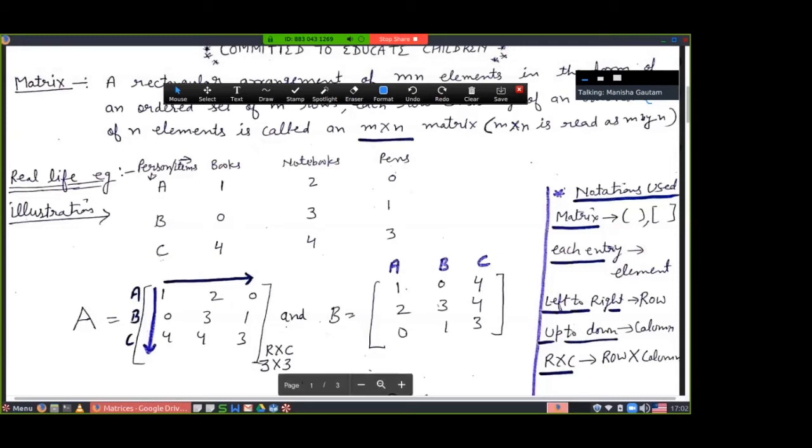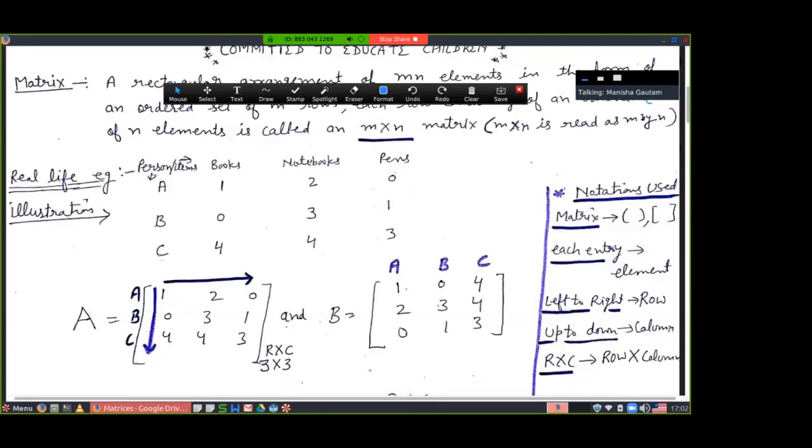It means information of A you can get from the first column: one book, two notebooks, and zero pens. B purchased 0, 3, 1, and C purchased 4, 4, and 3. Here are two representations of the same raw data.